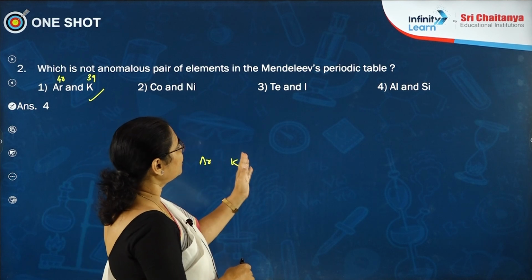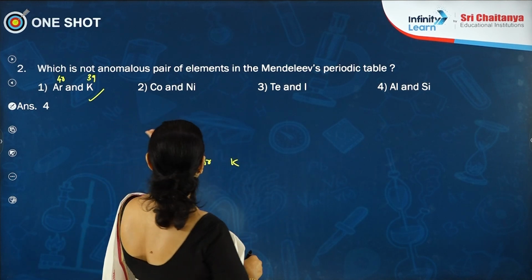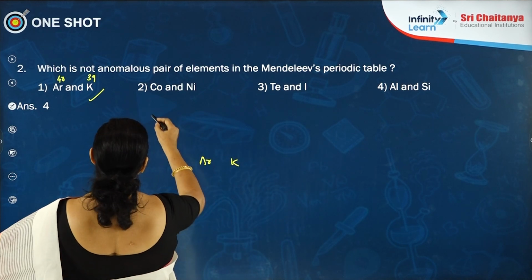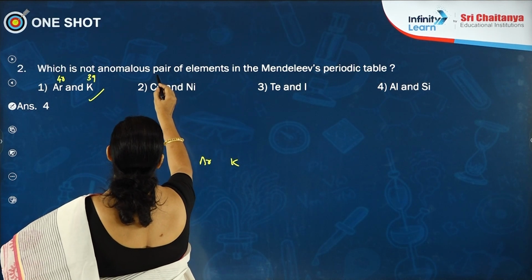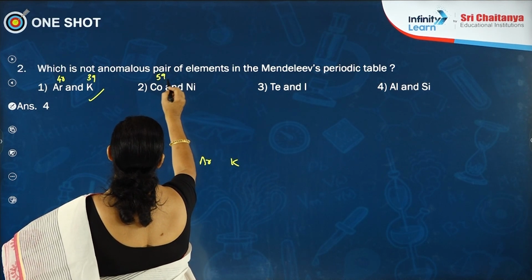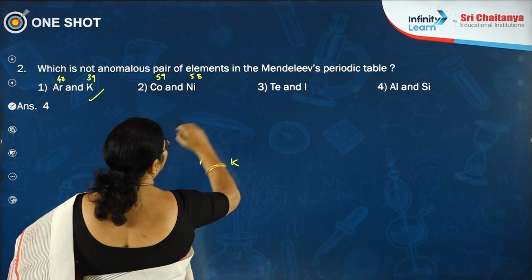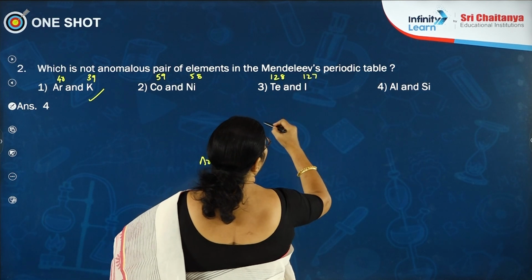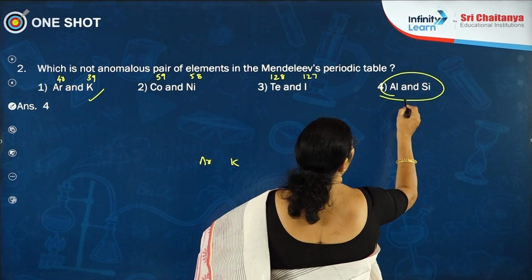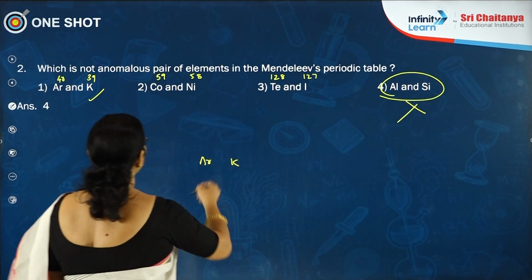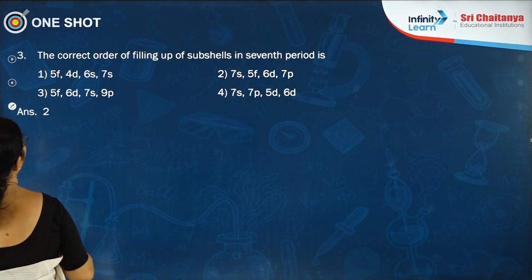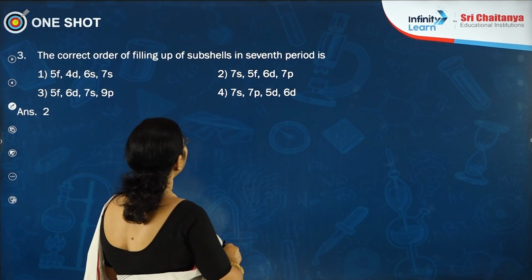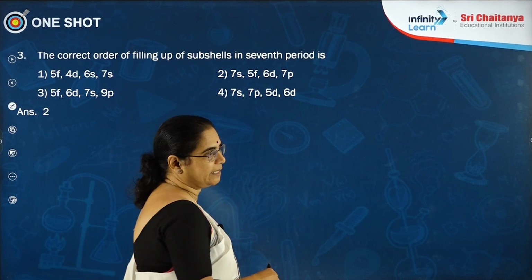Actually, the first element's atomic weight should be less than the second, but here argon is greater than potassium. Cobalt, nickel 59, 58. Tellurium and iodine 128, 127. And aluminum, silicon, these are not anomalous pairs. So, learn this.